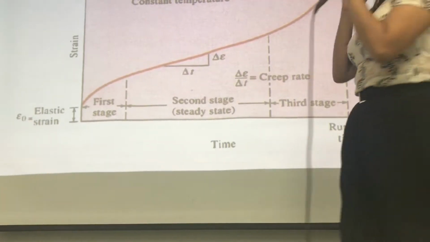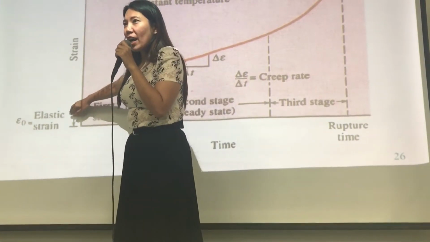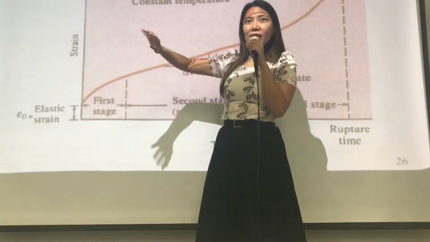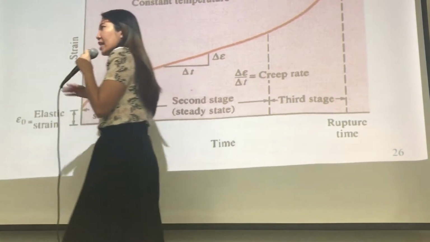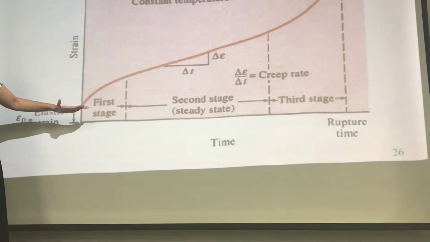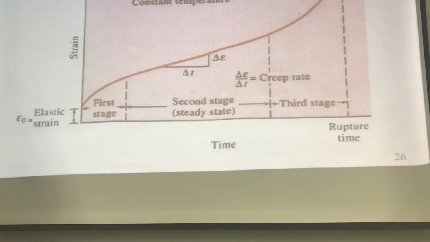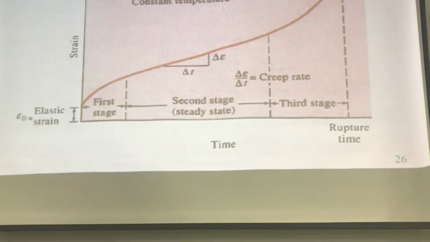So what we need to be careful about is that first the material tends to elongate at a low rate, and later on it starts to be at a constant rate. When you see the constant rate, you need to be careful.